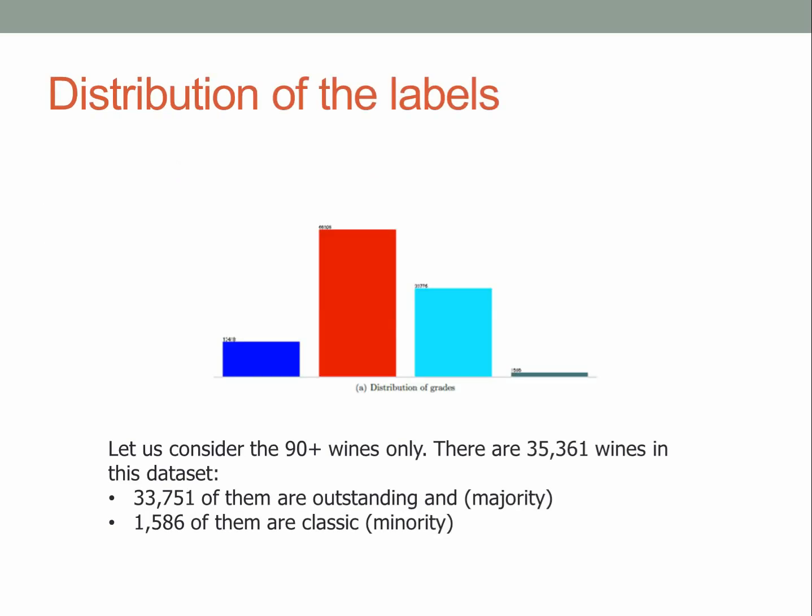So, starting with the problem definition, by looking into the data set for the y, we try to categorize those y's according to their grade. Starting with the leftmost, these are the y's with grade between 80 and 84. This large chunk of the y's falls into the category between 85 and 89.